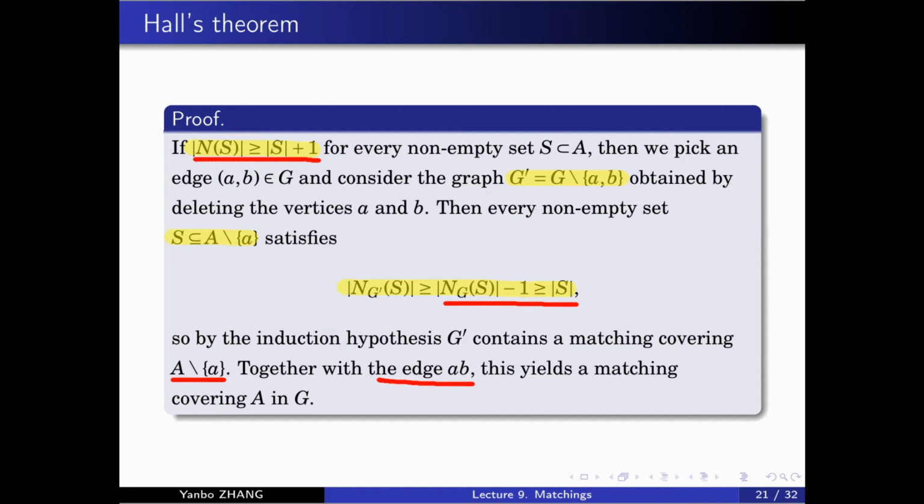In this case, we assume that for every non-empty proper subset S, the size of N(S) is greater than the size of S. So case 2 should be: there exists a non-empty proper subset A' such that the size of the neighborhood of A' is equal to the size of A'.